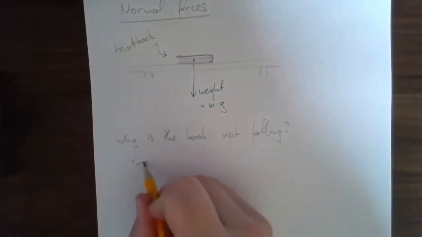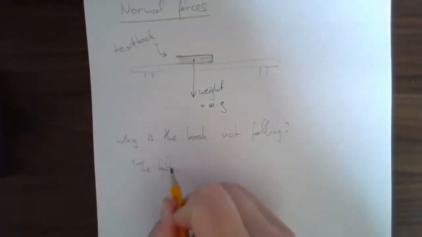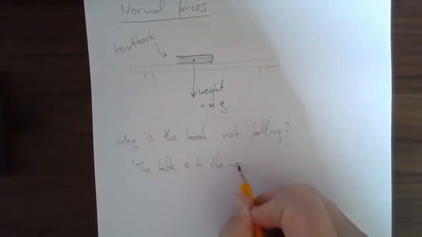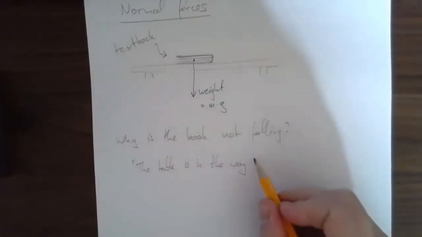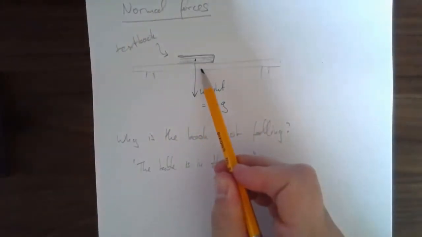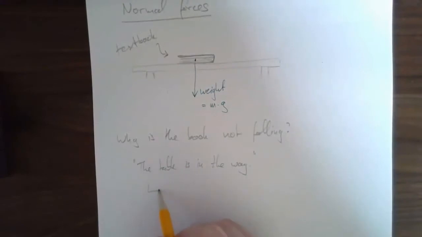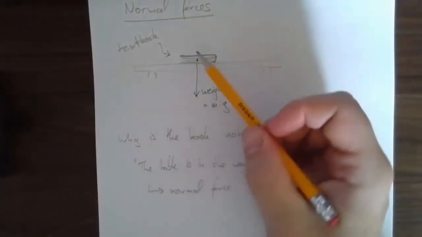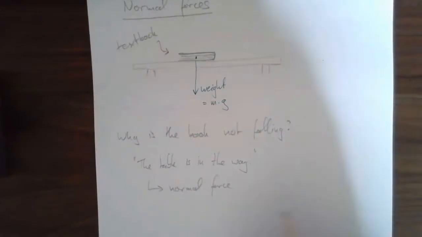So when we say the table is in the way, what we mean in terms of forces is that there's a normal force acting from the table on the book. By normal force we mean a force due to the contact of two surfaces pushing against each other.